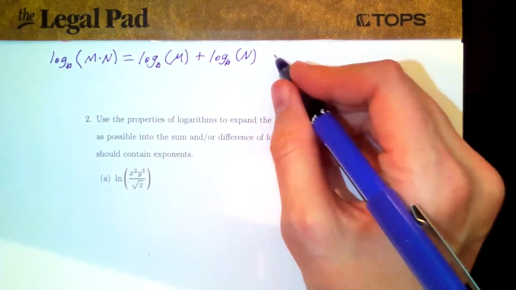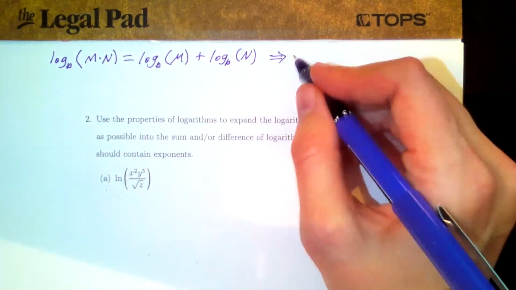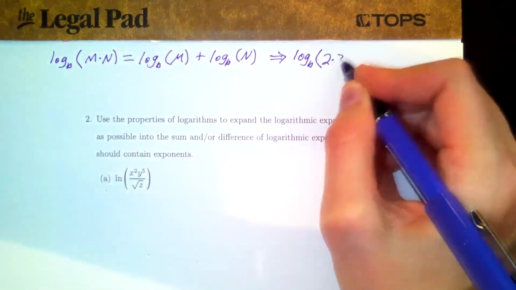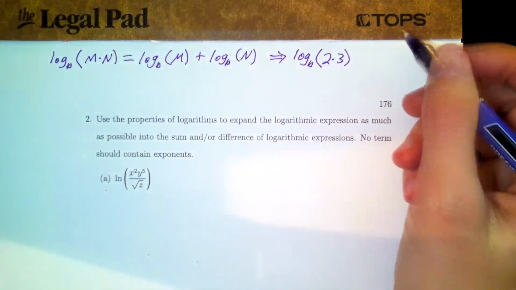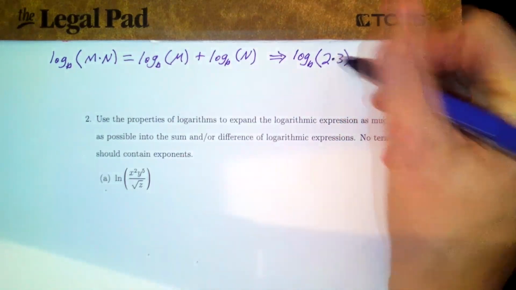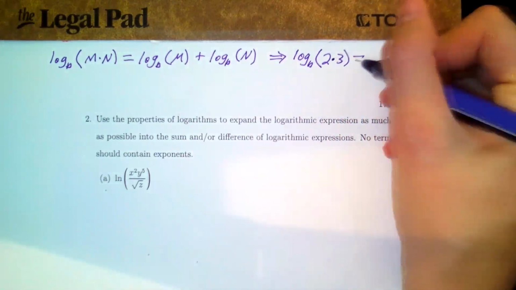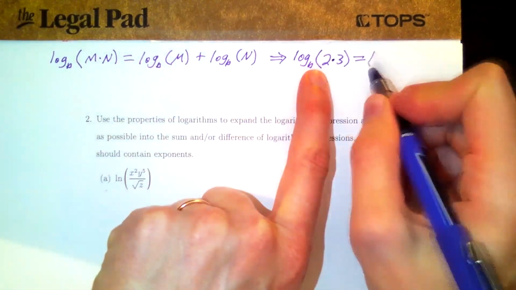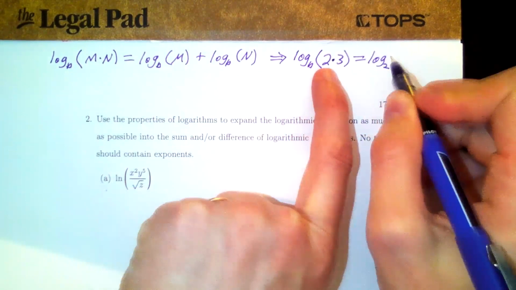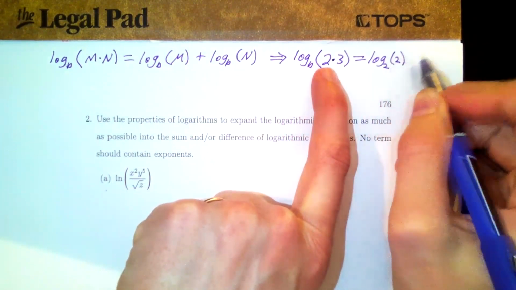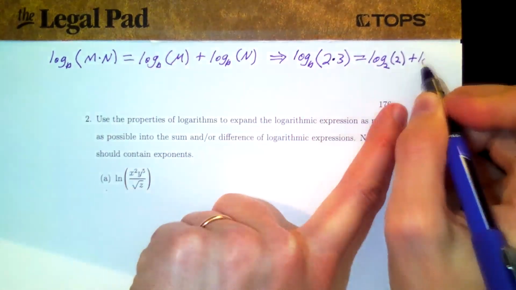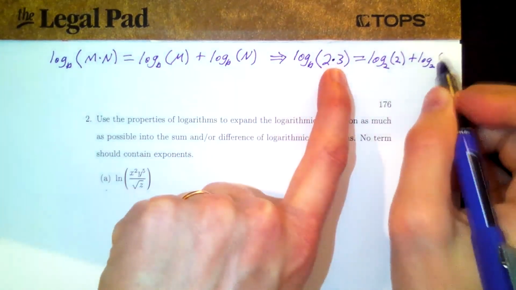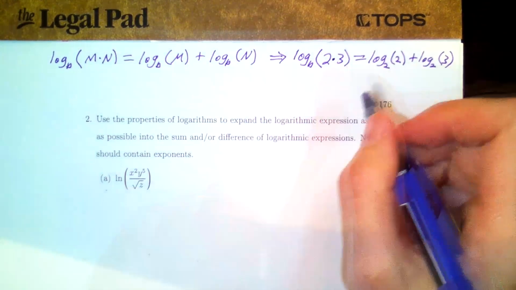As an example of this in motion, let's say that I have log base b of 2 times 3, which is 6, right? 2 times 3 is 6. But let's say I split this up into two things multiplied. Applying this property means that this is the same as having log base 2 of the first thing multiplied, the 2, plus another log with the same base of 3, the other thing multiplied.